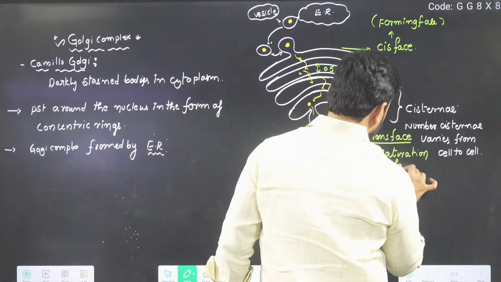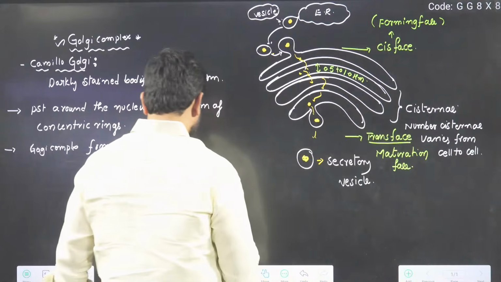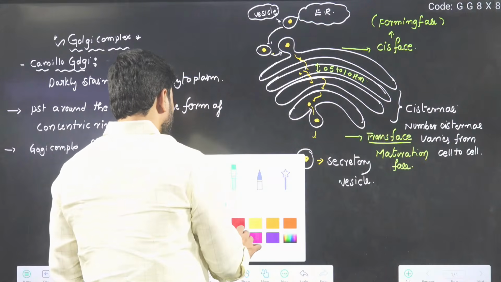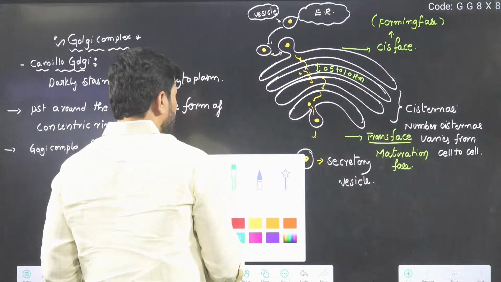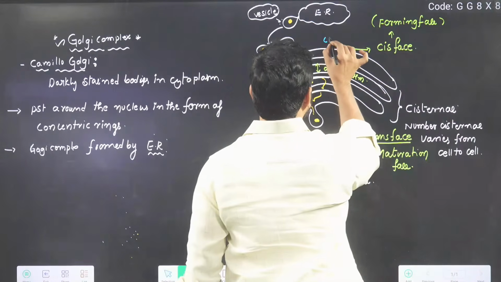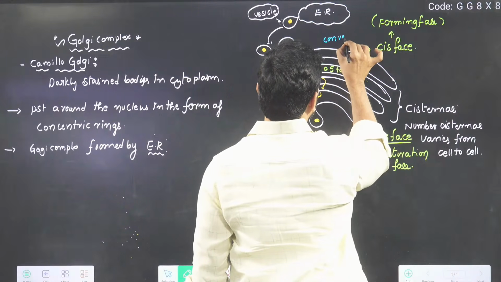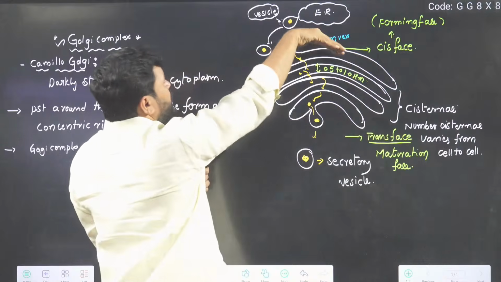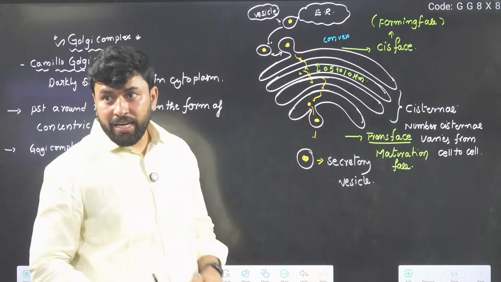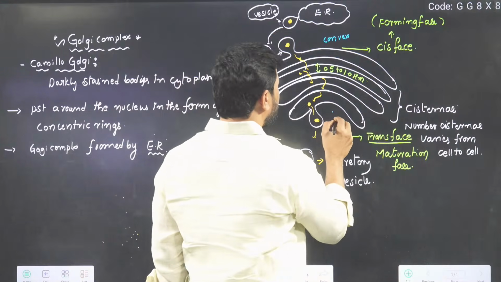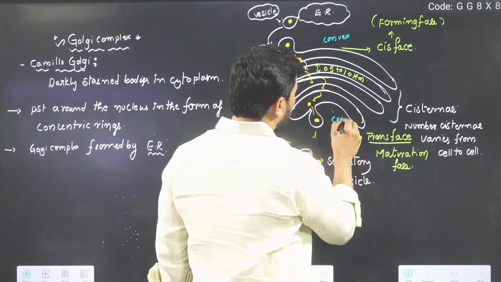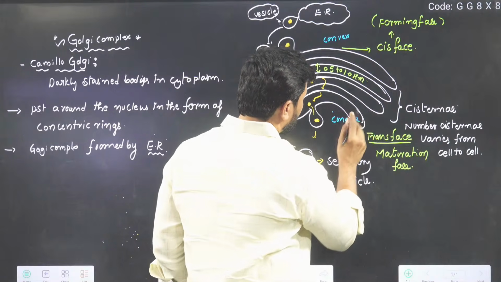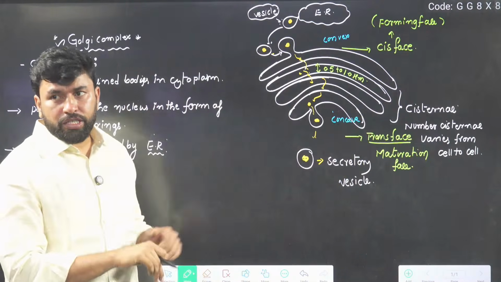That's why the trans phase is known as the maturation phase or matured phase. In addition to these names, the cis phase is in the form of a convex. You can see that convex. Then the trans phase appears in the form of a concave. A small cave-like structure is present.